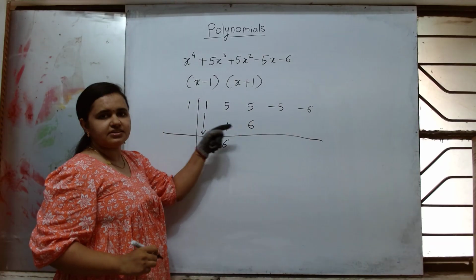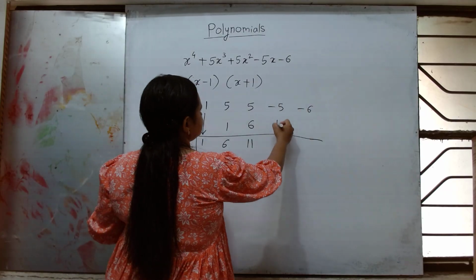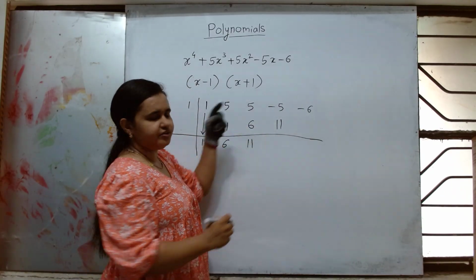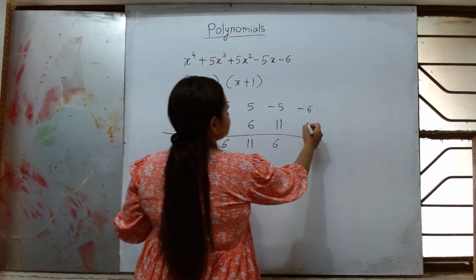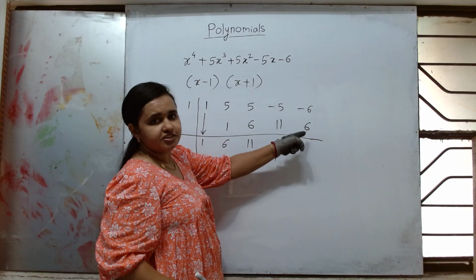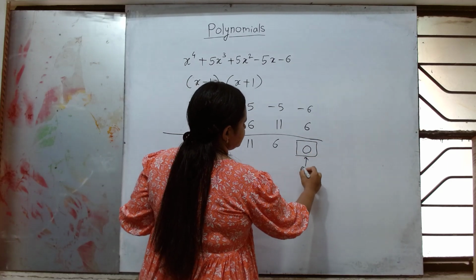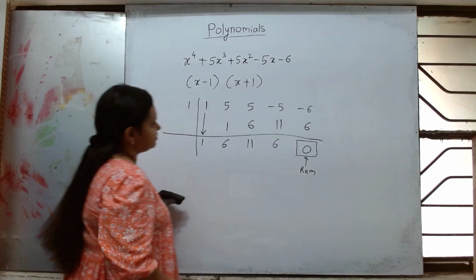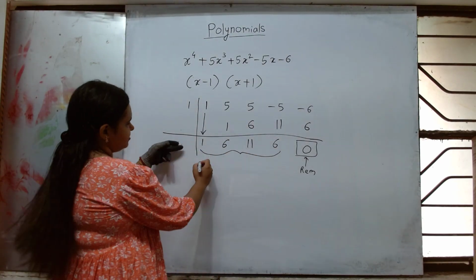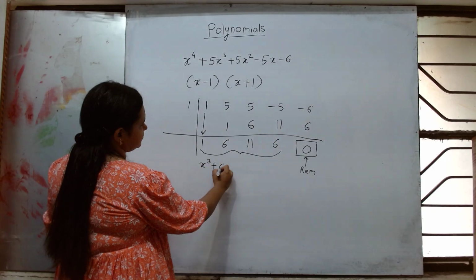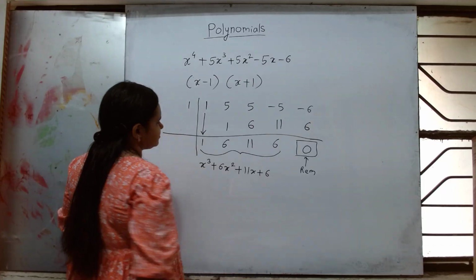Now 5 plus 6 is 11. 1 into 11 is 11. Now 11 minus 5, 6. 1 multiplied by 6 is 6. Now minus 6 plus 6, 0. So it is the remainder, and these are coefficients of the quotient expression. So it will be x cube plus 6x square plus 11x plus 6.